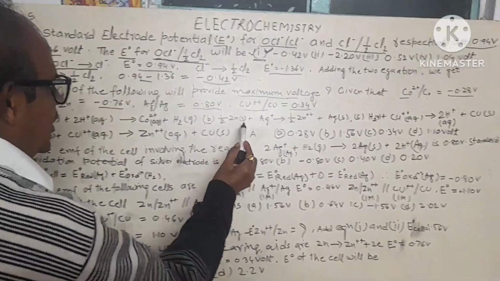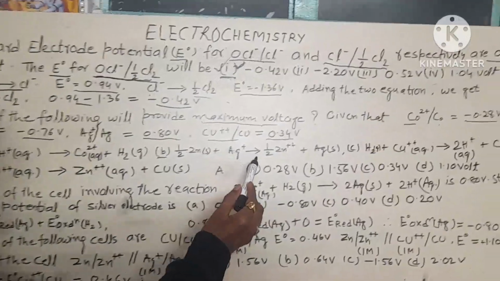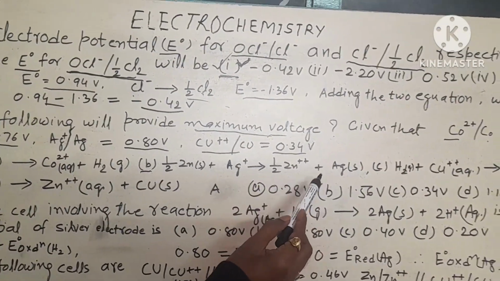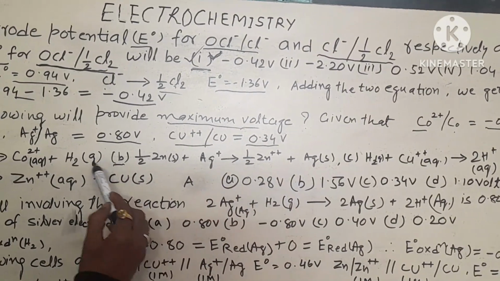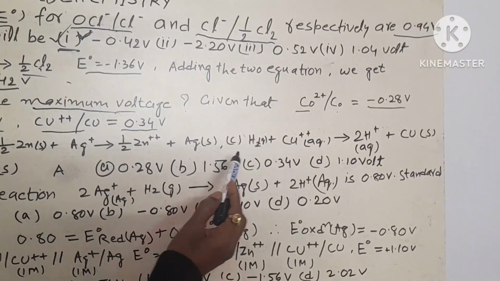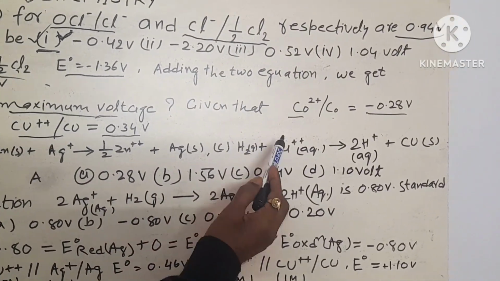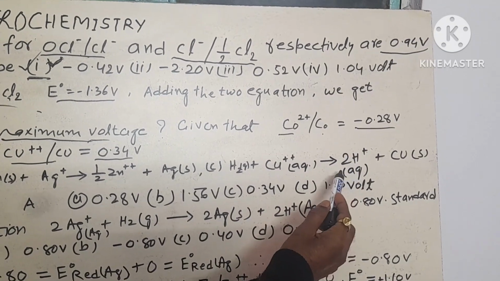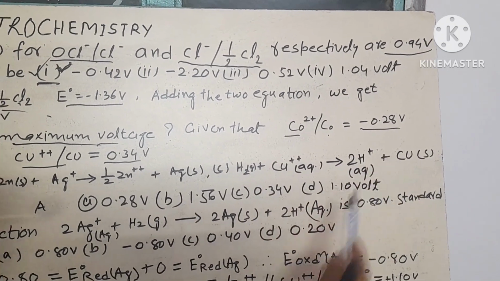Zn solid plus Ag plus is giving Zn 2 plus plus Ag solid. This is the second option. Third, H2 gas plus Cu2 plus aqueous is giving 2H plus aqueous plus Cu solid.